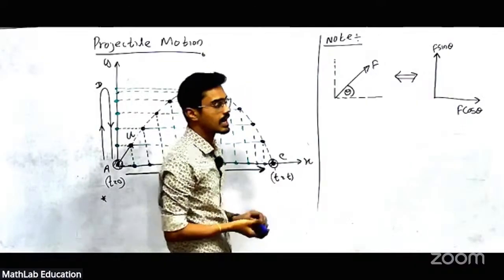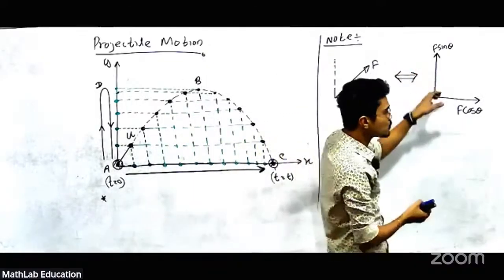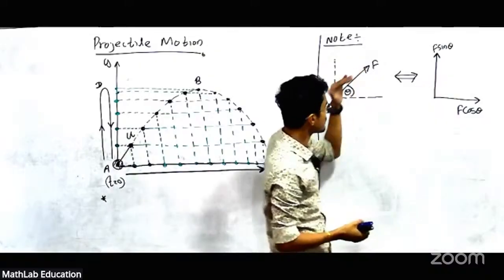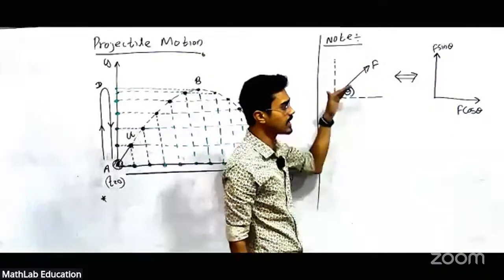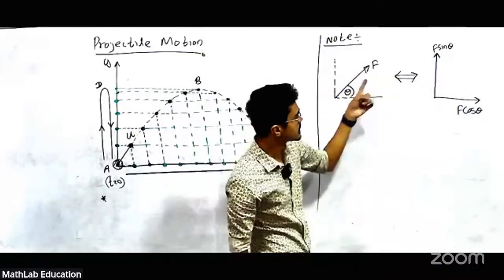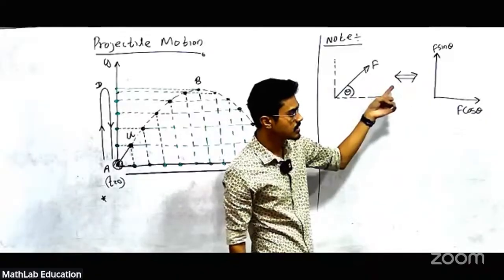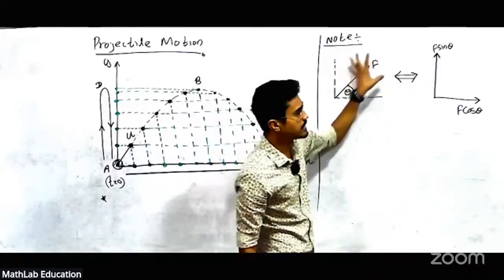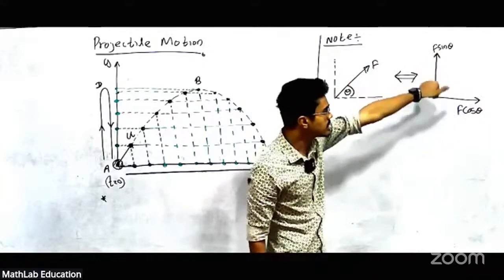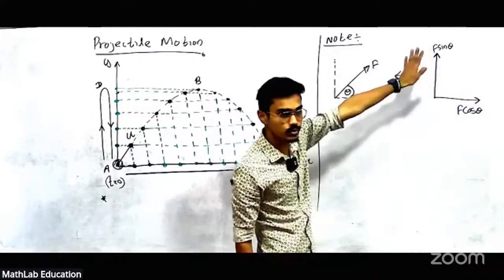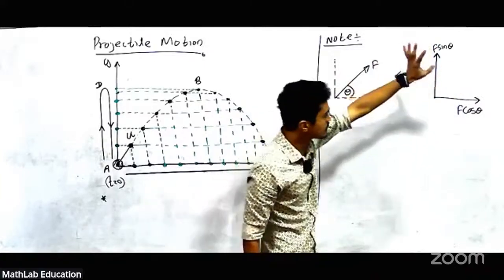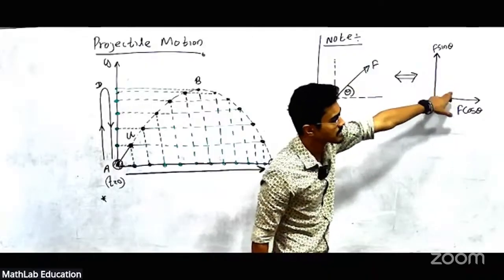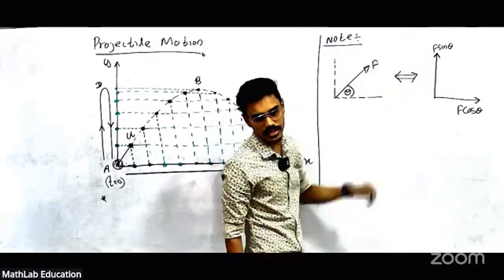Right? The idea here is these two represent the same F which was inclined by theta here. That is why I have put double-sided arrows. The same force can be represented by these two perpendicular forces, or these two forces can be represented by a single inclined force like this.